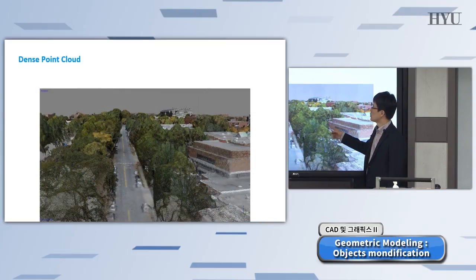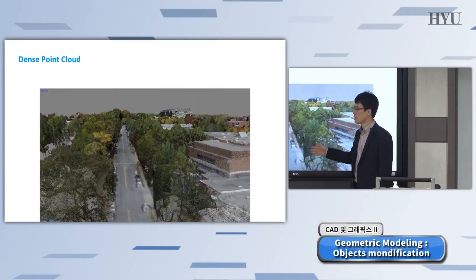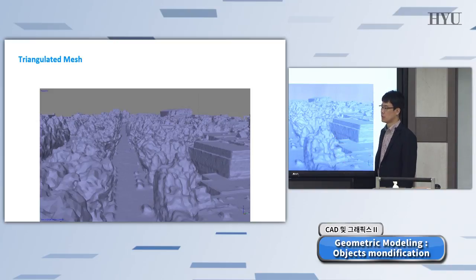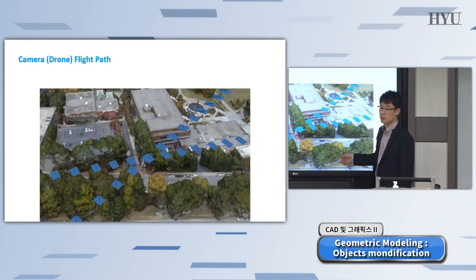How about this? This point cloud from the image-based scan, and now we can acquire a triangular mesh, okay? In other words, thousands, millions of polygons for the geometry. So this geometry for the campus buildings can be easily acquired by drones and this kind of image view.